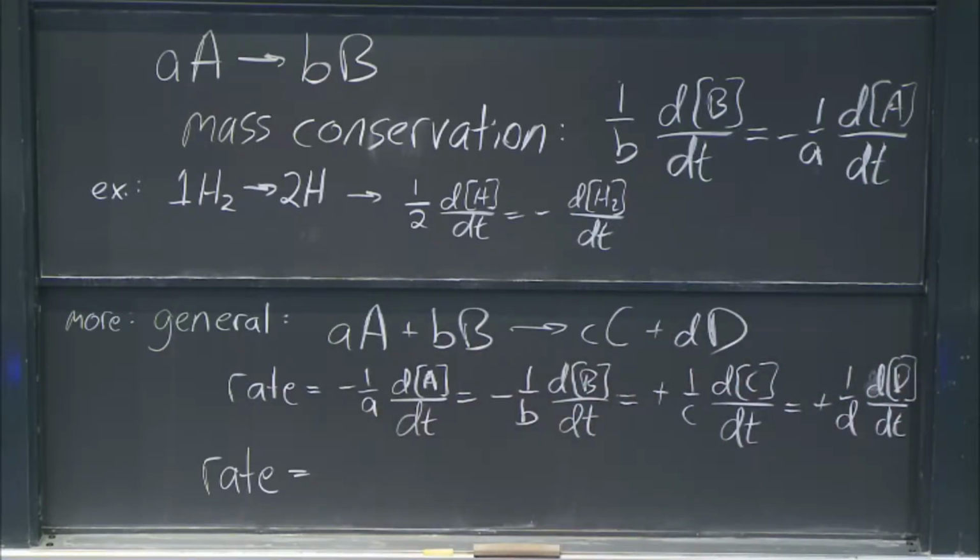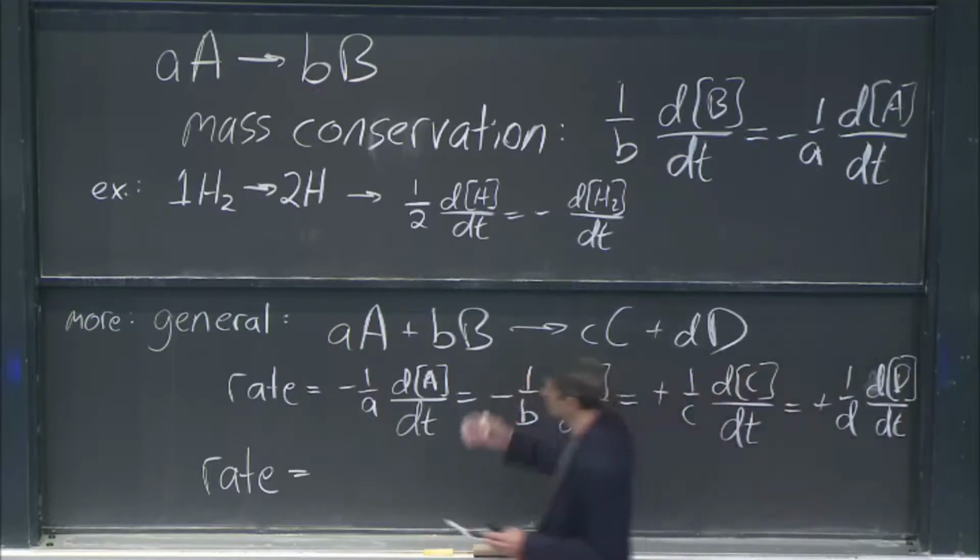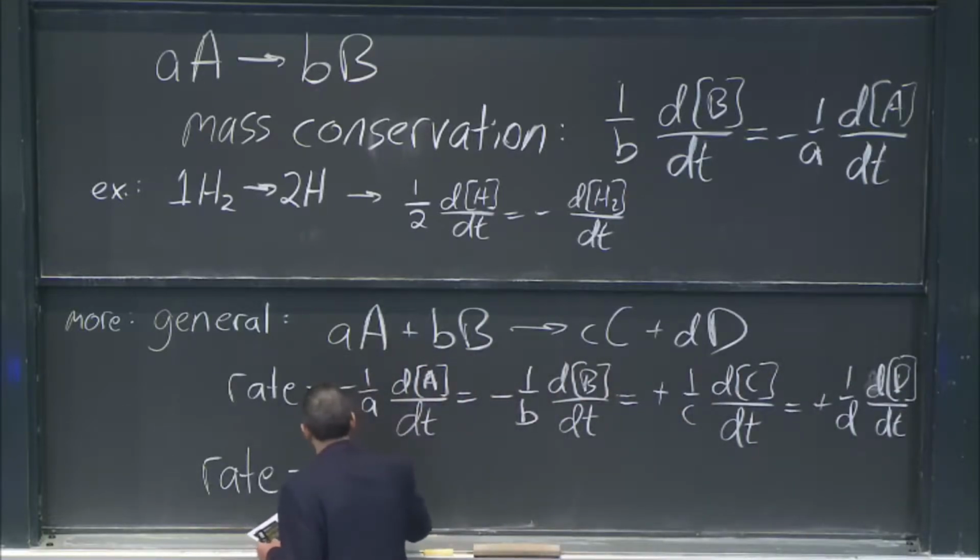Now you can do this with the products or reactants. We're going to do this with the reactants. So you would have that it depends on the concentrations of A and B raised to some power with some coefficients.